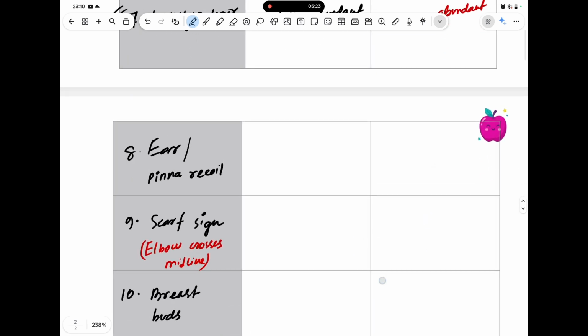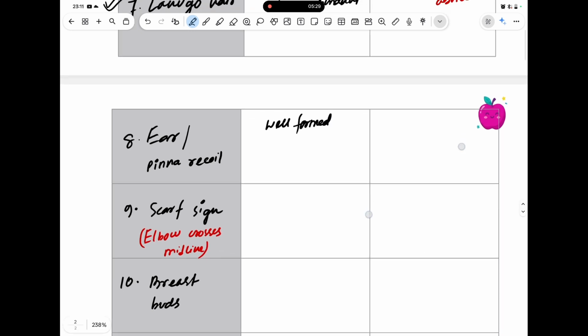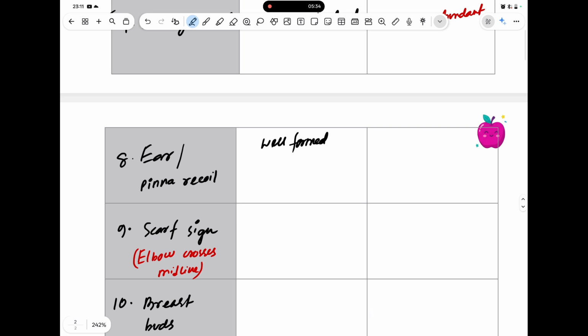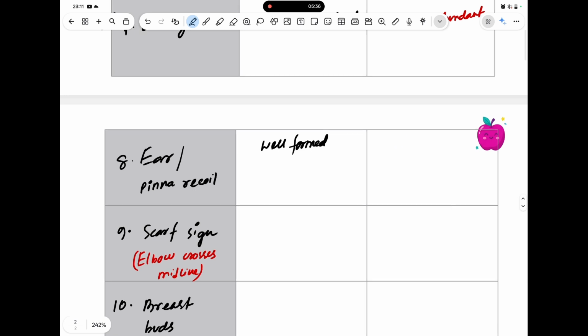Cartilage in case of term is well formed, right? And in case of preterm, it is not well formed.